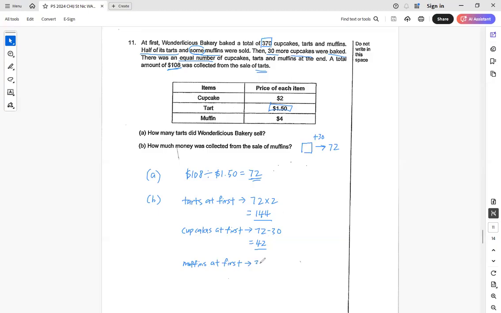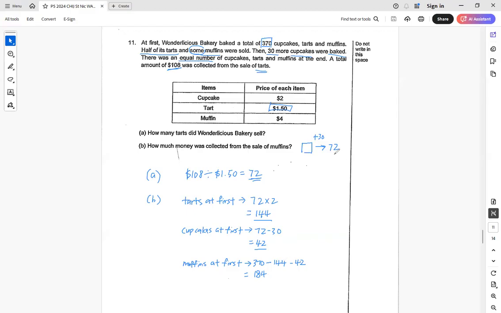So 370, I subtract 144 for the tarts at first, and also the cupcakes at first of 42. You key into your calculator, you will get 184 muffins at first. Okay? So we know that at first there were 184 muffins.